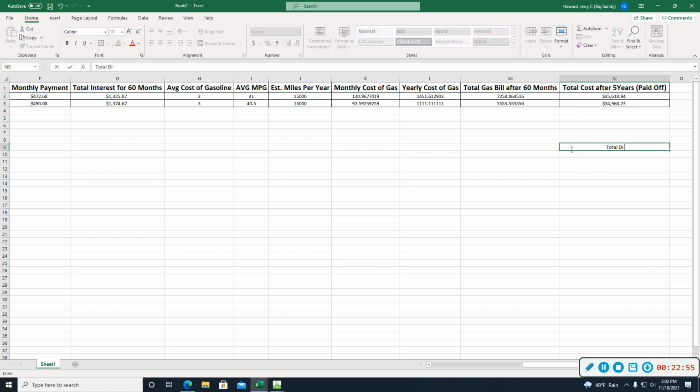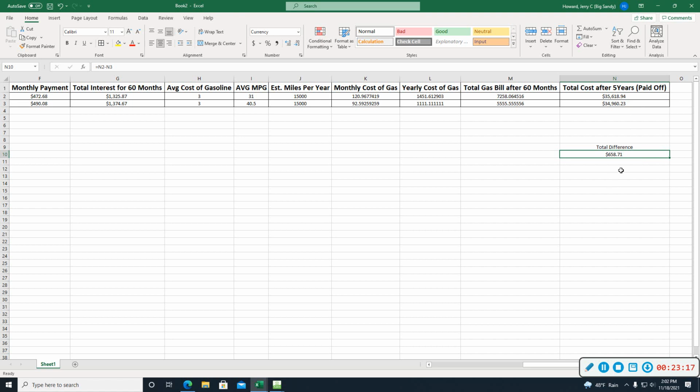Total difference, and I'll put an equal sign, and I'll put this minus this. $658 difference between the two types of vehicles.